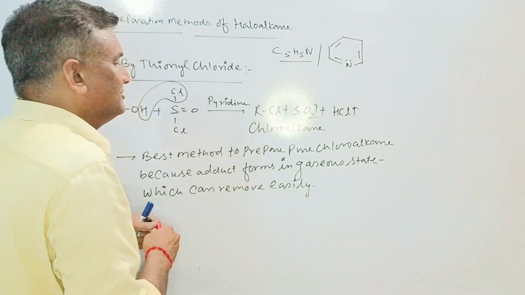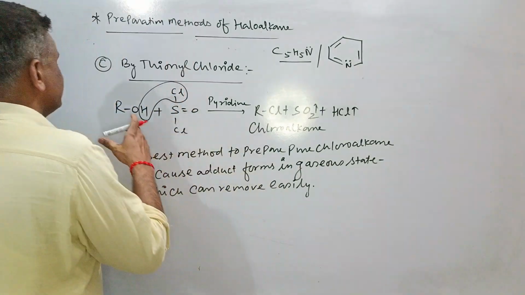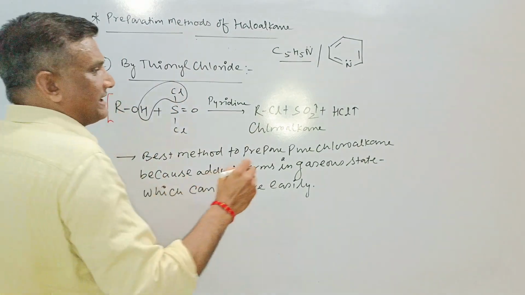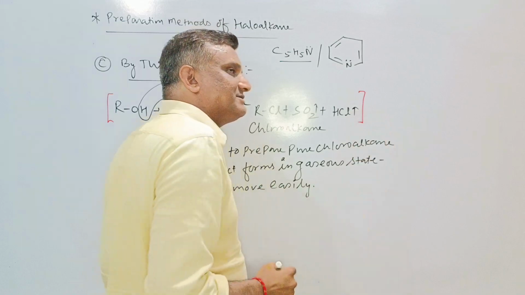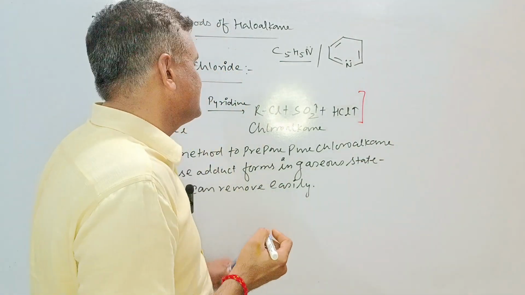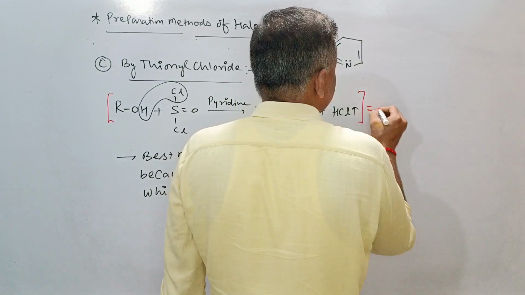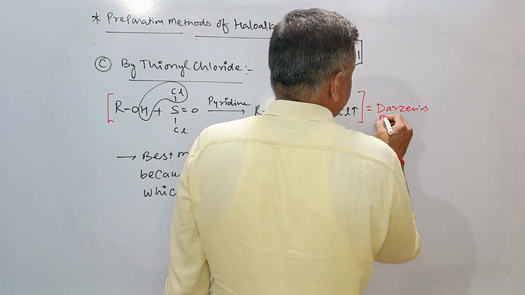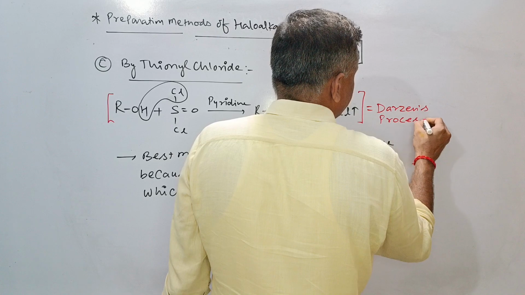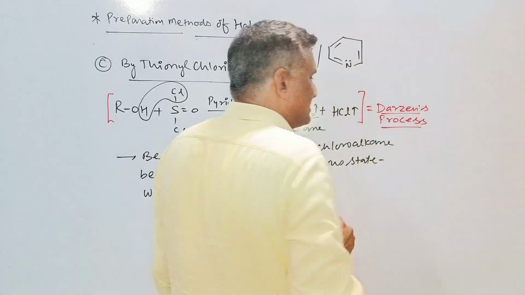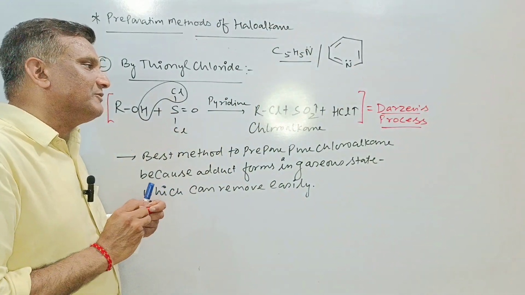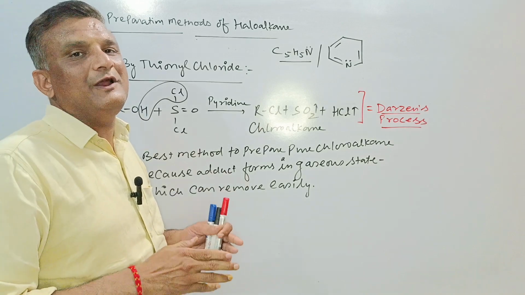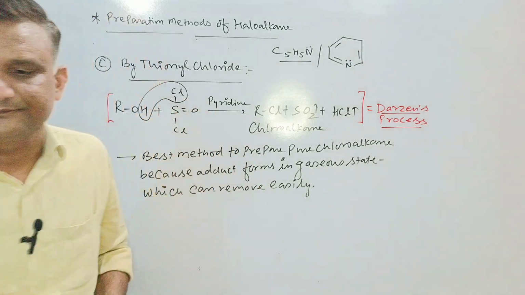One more thing: this is also a naming reaction. The second naming reaction we have discussed; the first was the Groves process. Now this second reaction is called Darzens' process. So this was about the formation of haloalkane from alcohol.